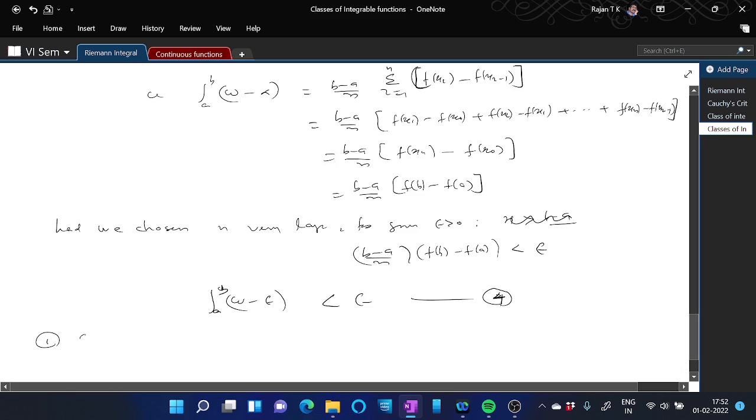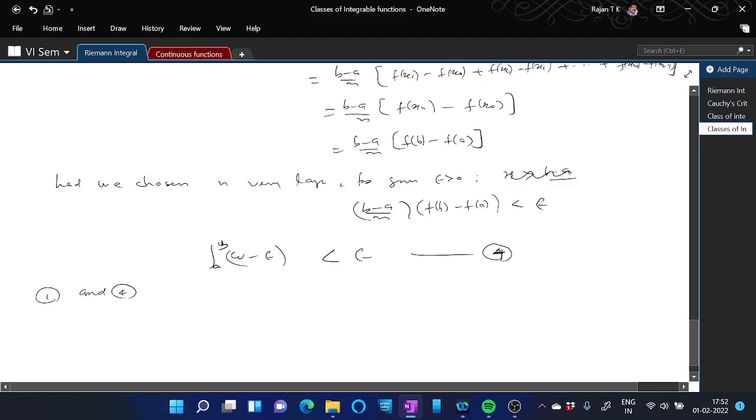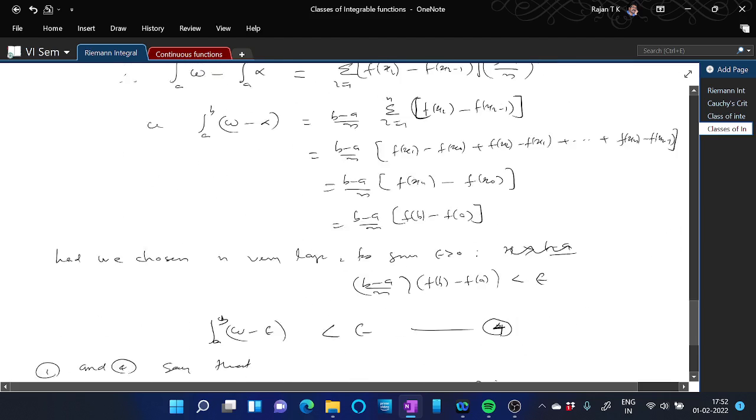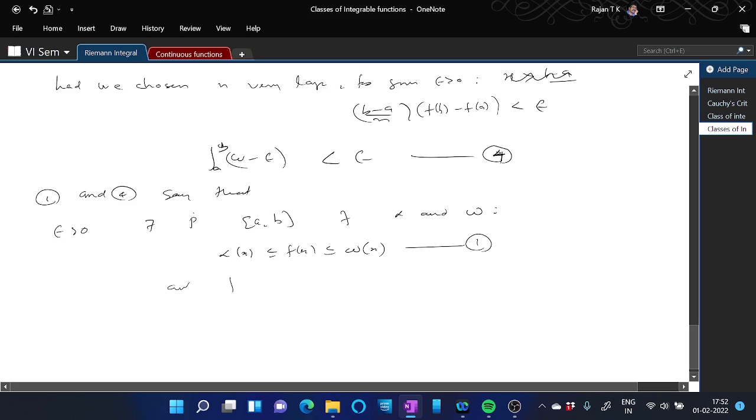So 1 and 4 say that for a given epsilon positive, there exists a partition P of [a,b], and there exist two step functions alpha and omega, such that alpha of x is less than or equal to f of x is less than or equal to omega of x by equation 1, and integral a to b of omega minus alpha is less than epsilon, by equation 4.